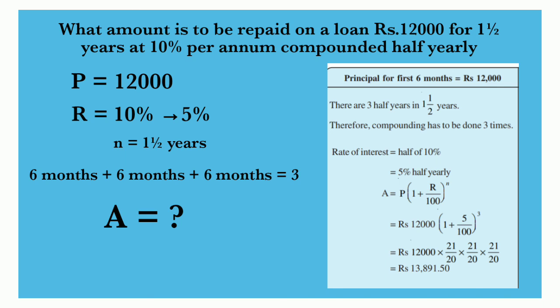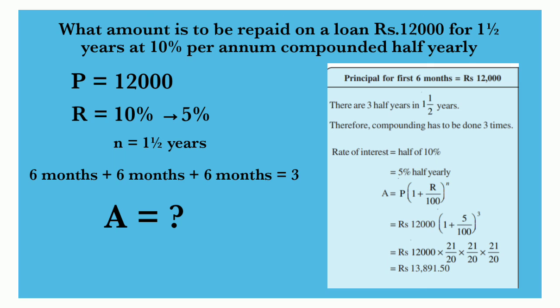So what are the given measurements? Here the principal amount is 12,000 rupees and the rate of interest is given as 10%, but here it is calculated half yearly, so we take half of 10, that is 5% interest. In the case of half yearly, we halve the given rate of interest, so 10 by 2 is 5%.